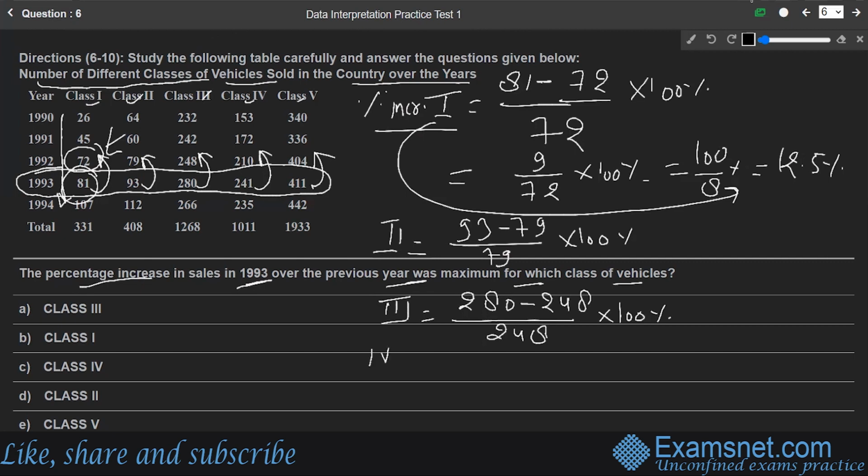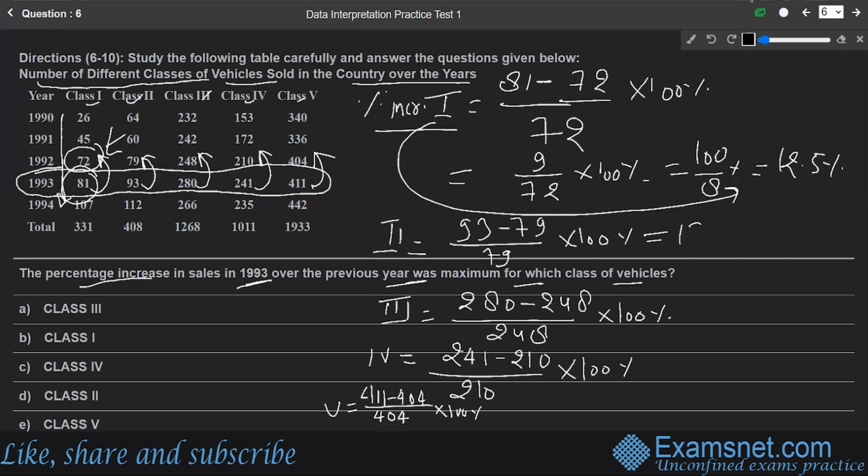For class 4, it is 241 minus 210 divided by 210 into 100%. For class 5, it is 411 minus 404 divided by 404 into 100%. So these are the different values to be calculated. After calculating these values, we can write them down.